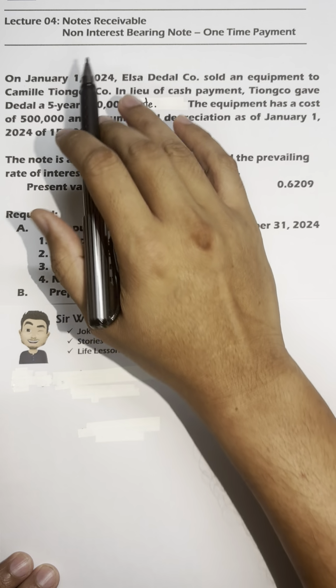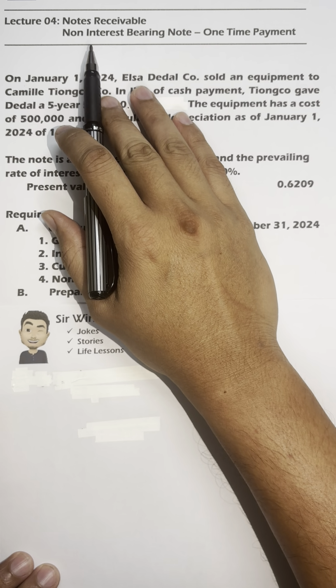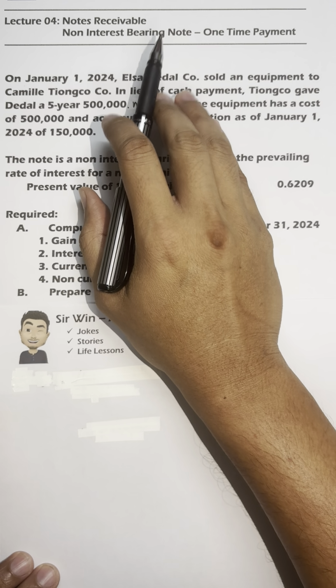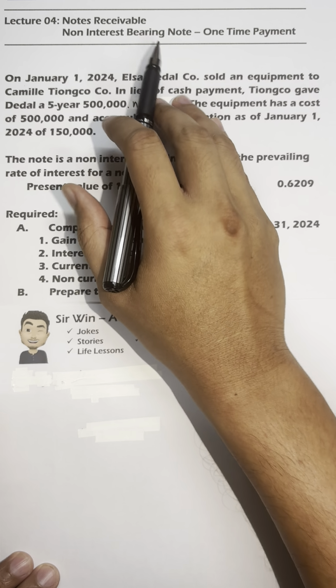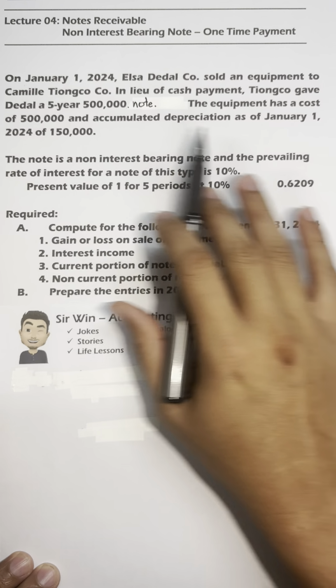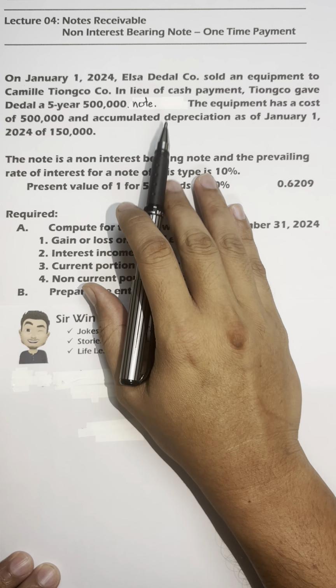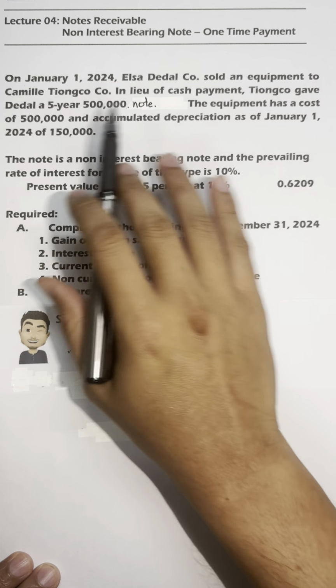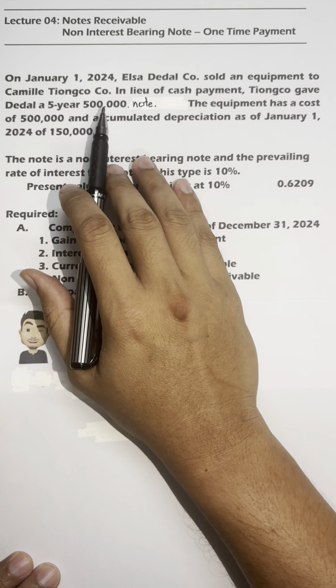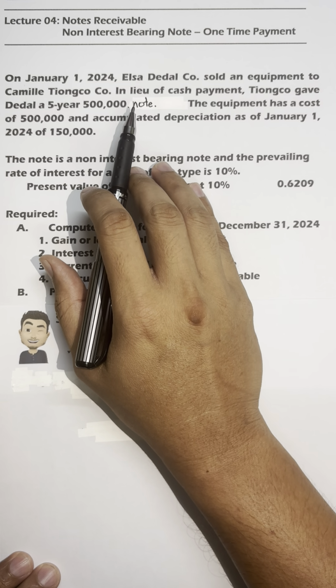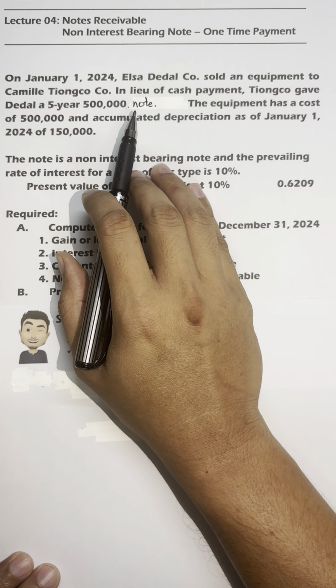Okay, liwanagin lang muna natin itong binabanggit dito that the note is non-interest bearing. Paano nalalaman po na ganon? Okay, pag binasa mo yung problem, wala kang makikita na merong interest rate yung note. In this problem kasi, it's just a 5-year, 500,000 note. Pero totoo ba na walang interest ang mga note?